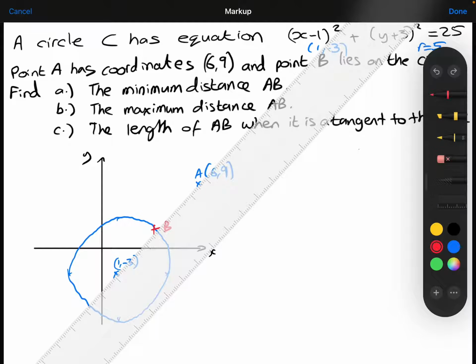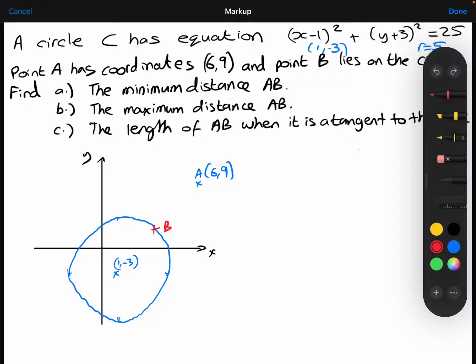Well, how could I work that out, considering I don't know the coordinates of B? Well, I can work out the distance from A to the centre of the circle. That's pretty easy because I know those coordinates, and I can use the distance formula for that. So let's work out the length of that line.